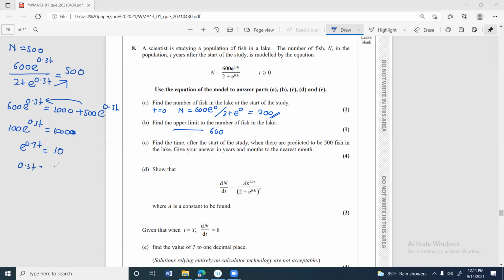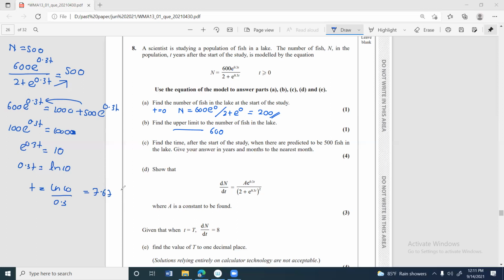So e to the power 0.3t becomes 1000 divided by 100, which is 10. If you bring it to the other side, 0.3t becomes ln 10, then t becomes ln 10 divided by 0.3. So we need to work out ln 10 divided by 0.3, which turns out to be 7.67.